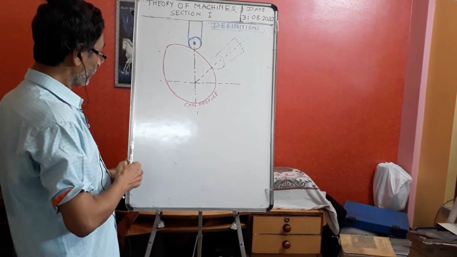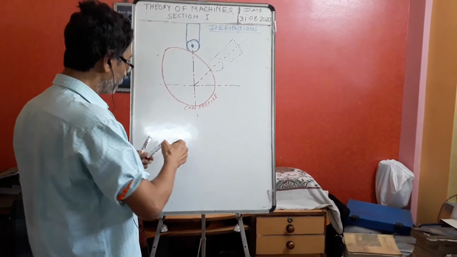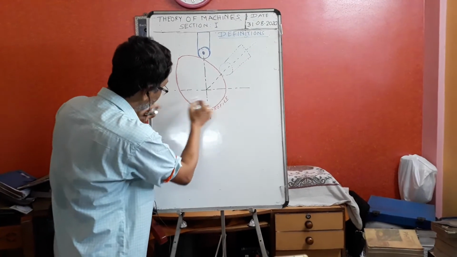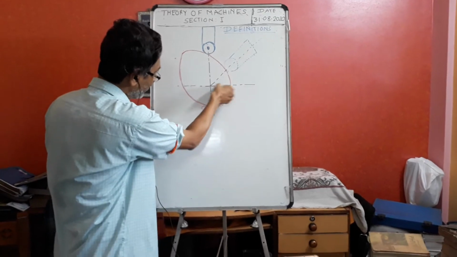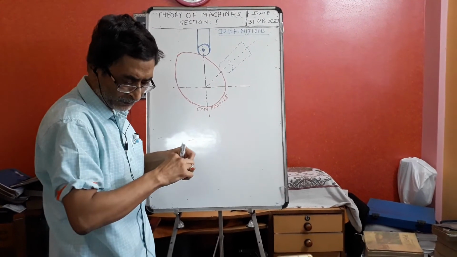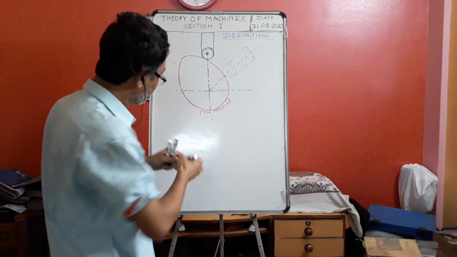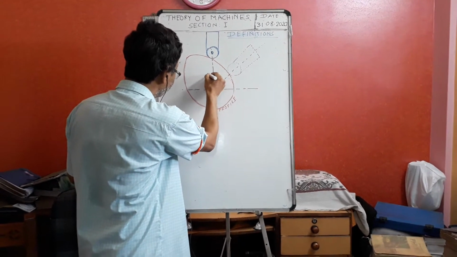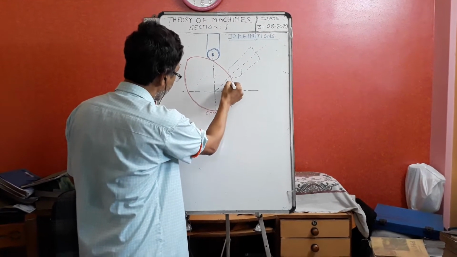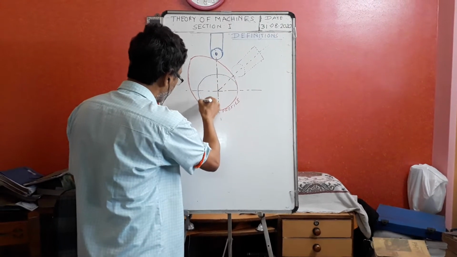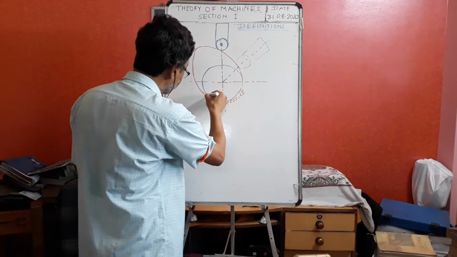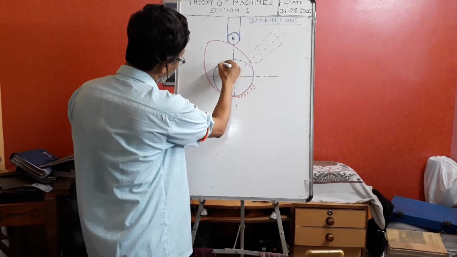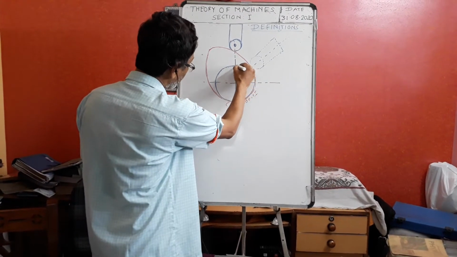Now here, if I draw, this is the center, and with this center and the least radius, suppose I take this as the smallest radius, I draw a circle.